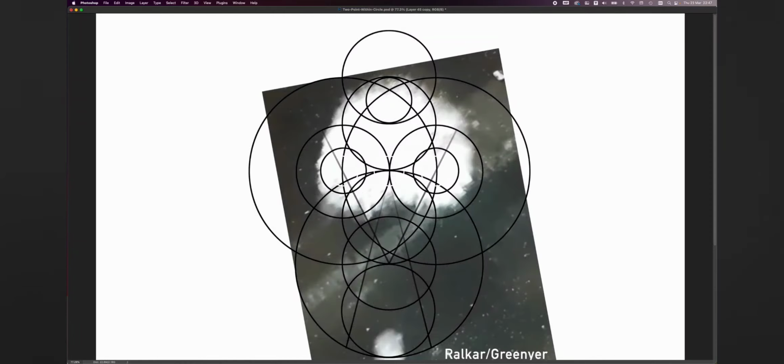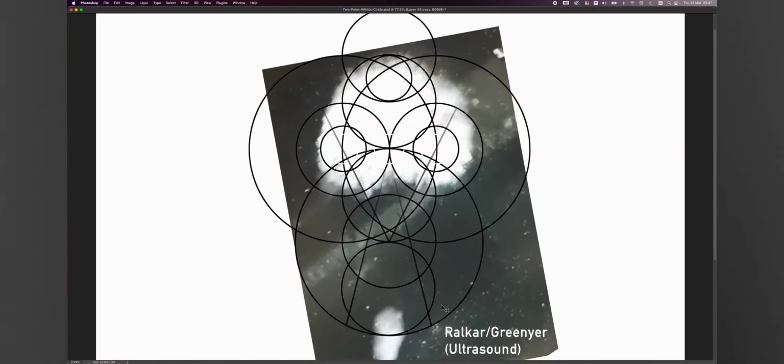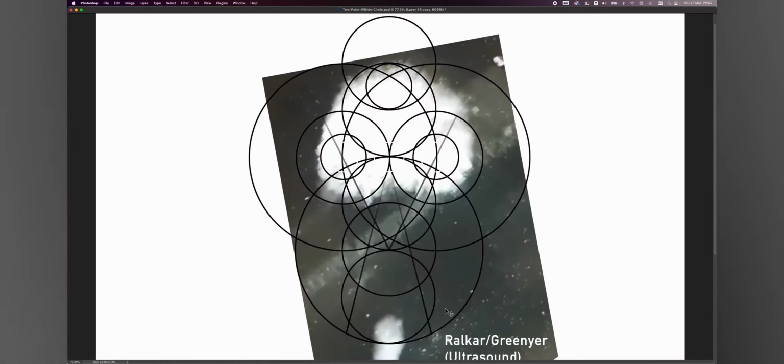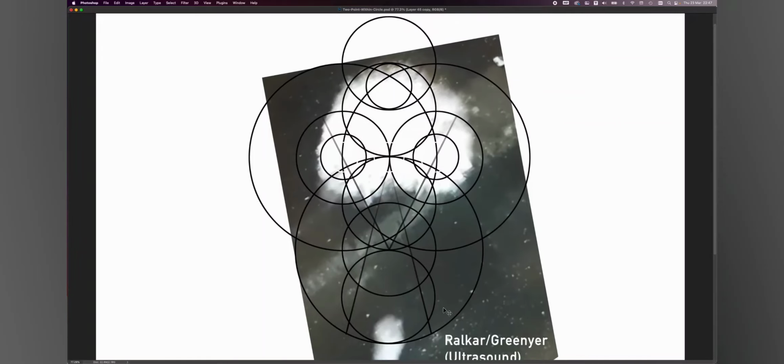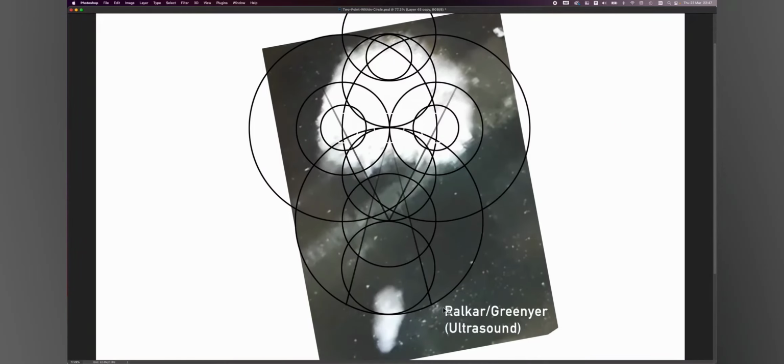This was in a Suhas Ralkar experiment in 2017 in Mumbai, and I took this with a high-speed camera and a light off to the side. And this is actually the first time that I saw what I call the disruption zone.